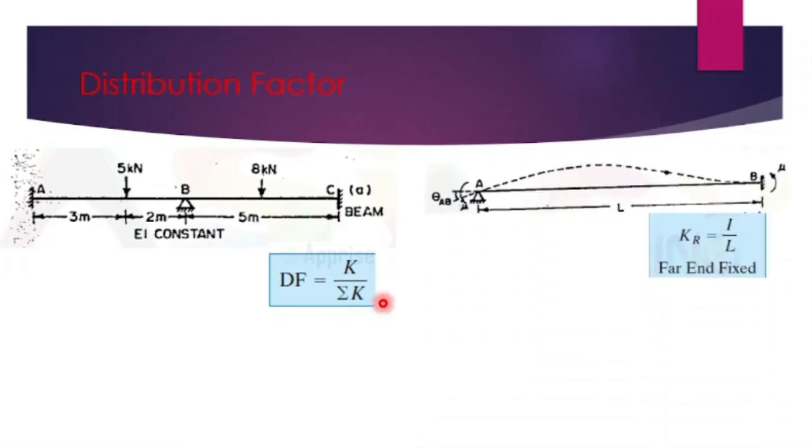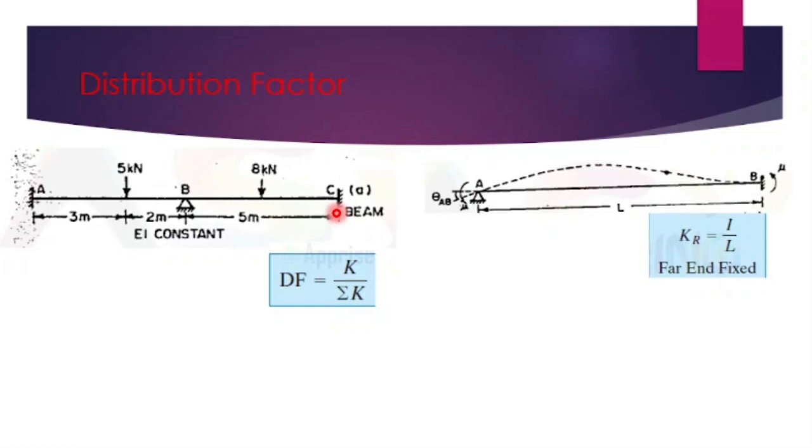Let us see here how to find B to A. So you are having a joint at B and the opposite end is fixed. So what will be the formula? If the opposite end is fixed, you have to use I by L, that is far end fixed. So if I am taking the joint B, BA is also fixed, BC, the opposite end is fixed.